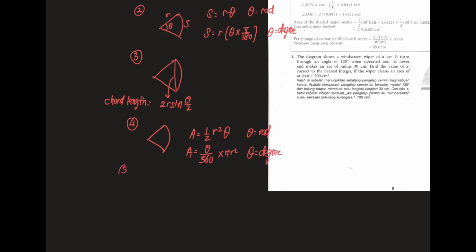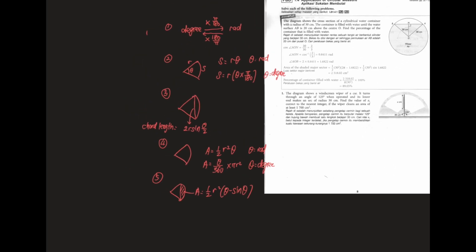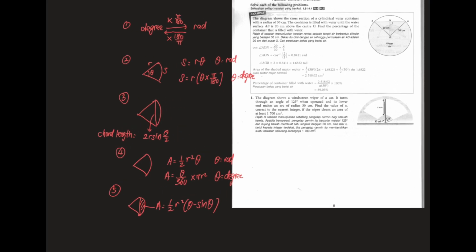Then we also learned the last one, the area of segment, half r squared (theta minus sine theta). So it seems like we don't have many things here. This chapter 5 formula, okay, and we applied it in questions.